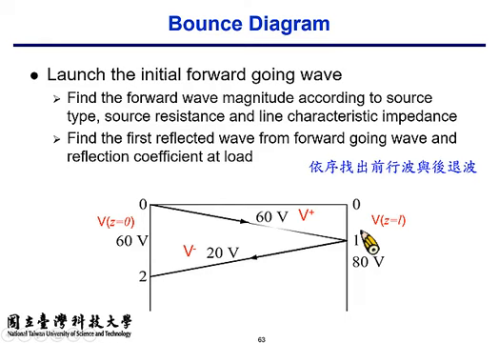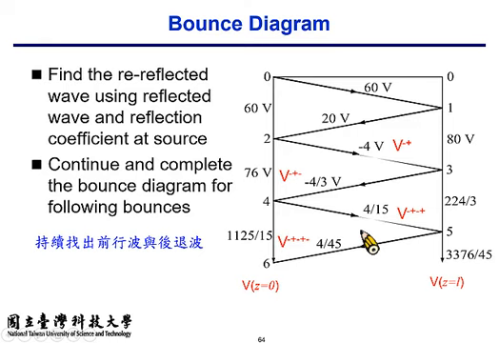So the total voltage at the left end becomes what? It becomes 76 beyond 2 microseconds, because the V minus plus signal is minus 4 volt.